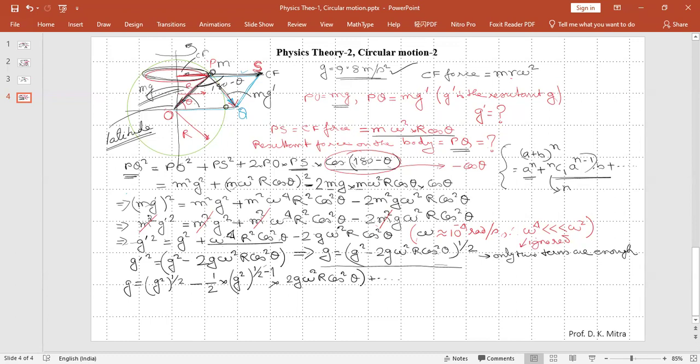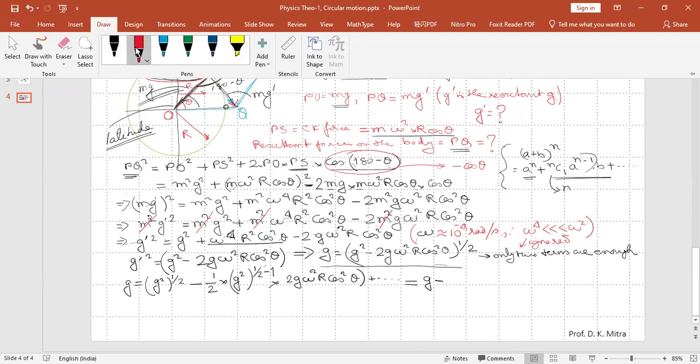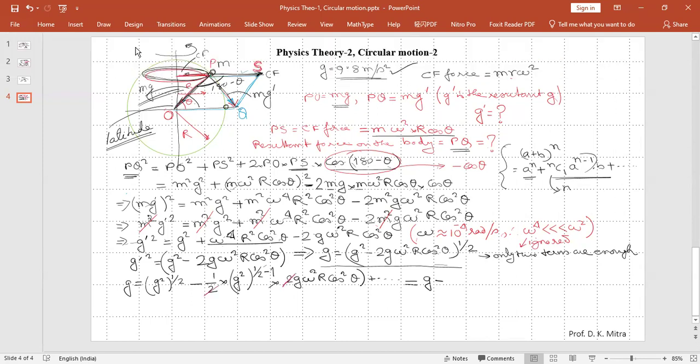This is equal to g square to the power half, which is only g, minus, here this 2 and this 2 get cancelled.